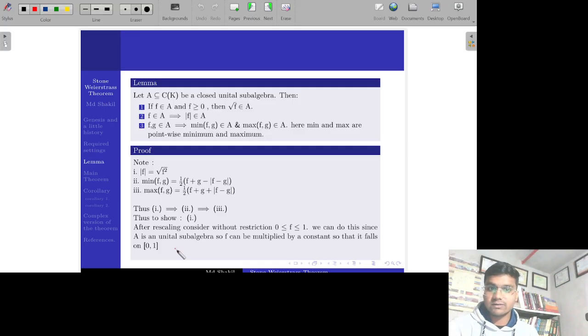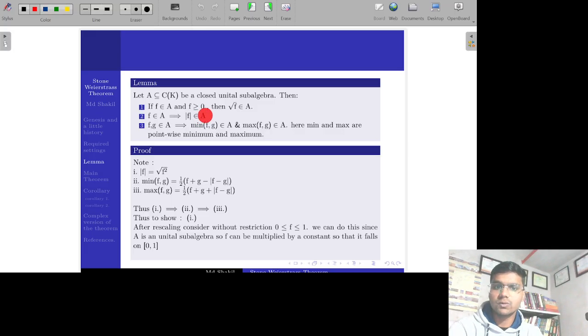This lemma says that if A is a subset of C(K), C(K) meaning the space of continuous functions over a compact set K, and B is a closed unital subalgebra, then the first point says if f is an element of A which is greater than or equal to 0, meaning f is pointwise positive, meaning if you take any point x of K, then the value of f at that point x, f(x), will be greater than or equal to 0.